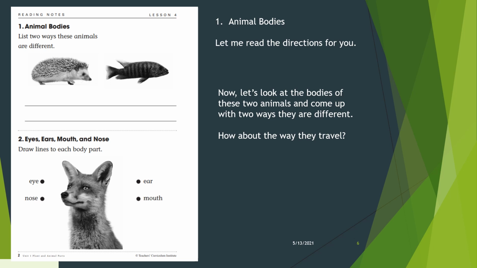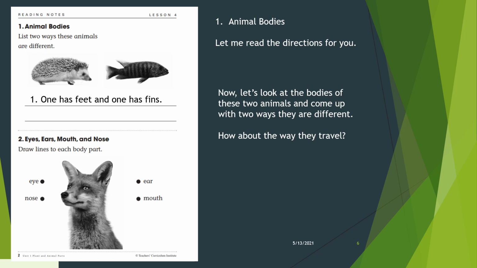How about the way they travel? How do they each move? With what body part? Number 1, one has feet and one has fins. That's a difference between their bodies, right? One walks, the other one swims, and they use different body parts.